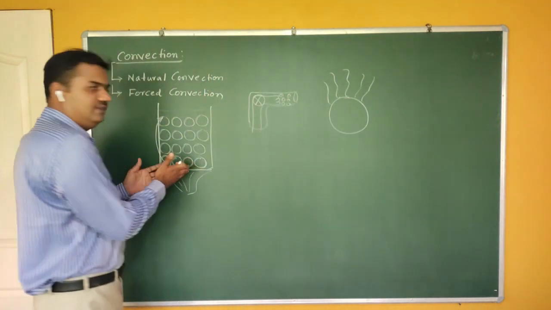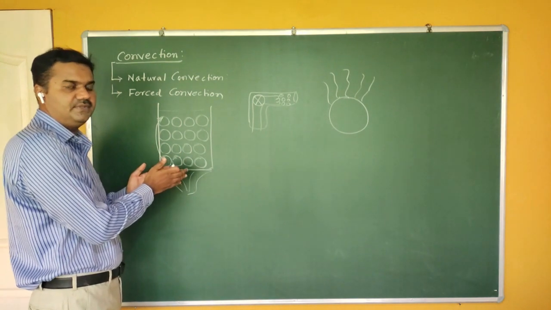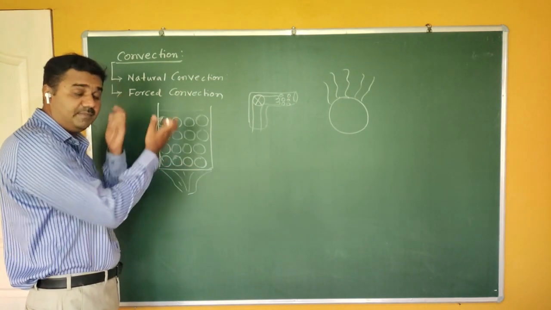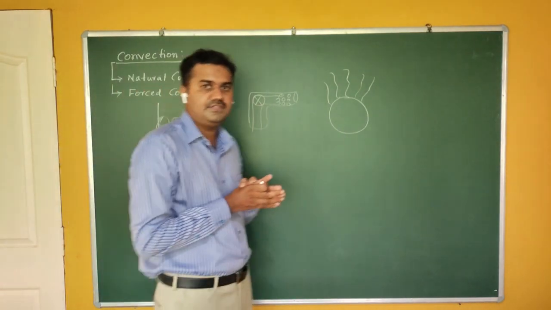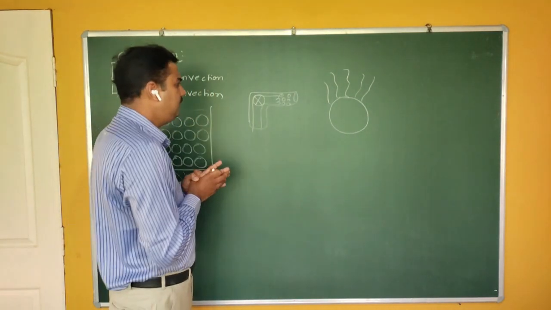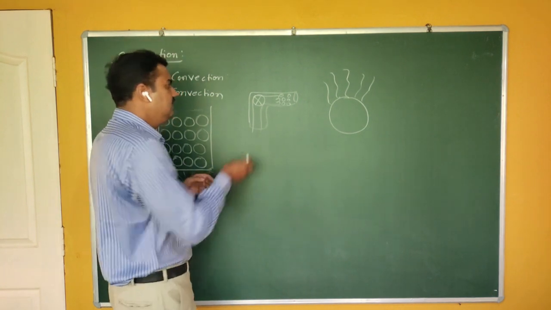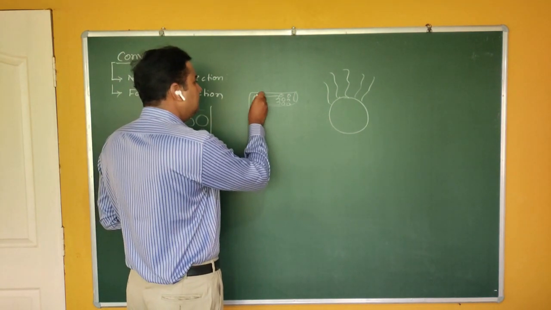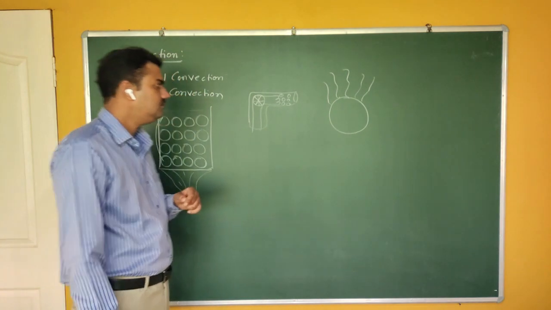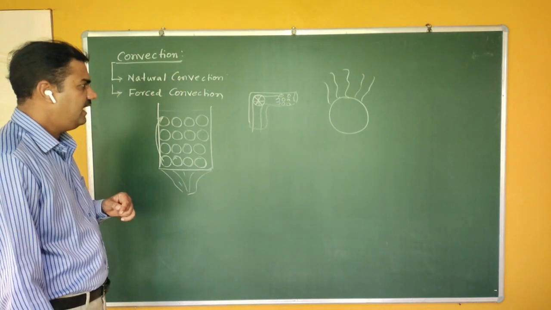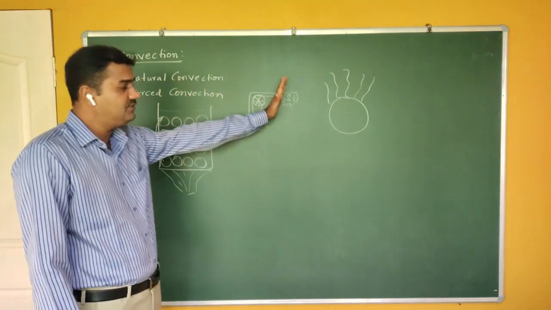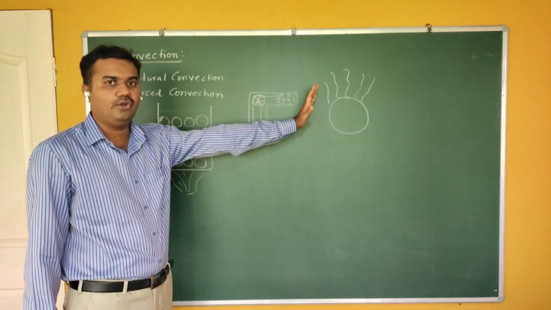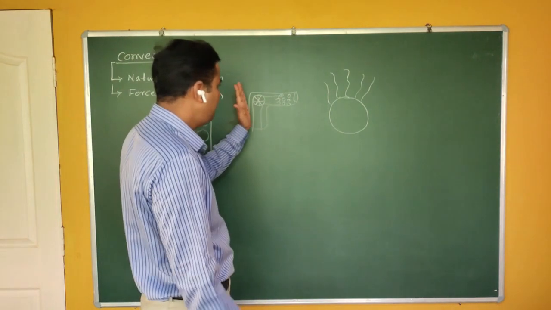In natural convection, the concept of gravity take place, the decrease or increase of density take place, due to that the circulation take place. But here, not same here. So simultaneously in your hair dryer, a fan is there, and this fan pushes these hot air molecules.